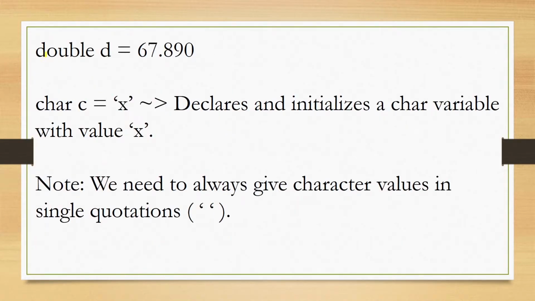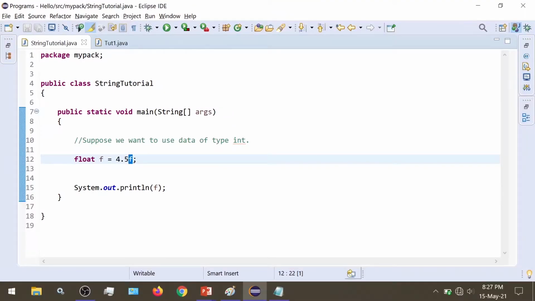Now let's take a look at double, the declaration of variables of type double. So double D equal to 3.5.